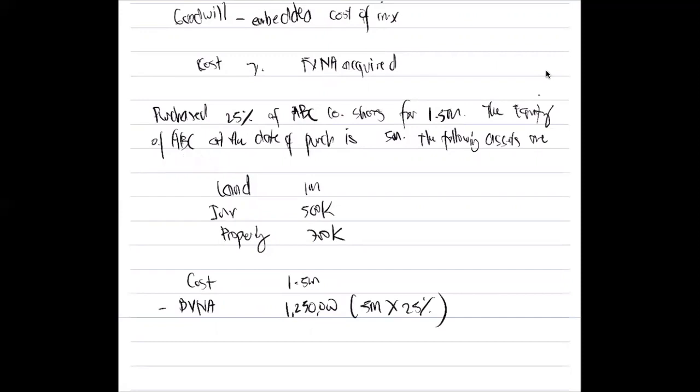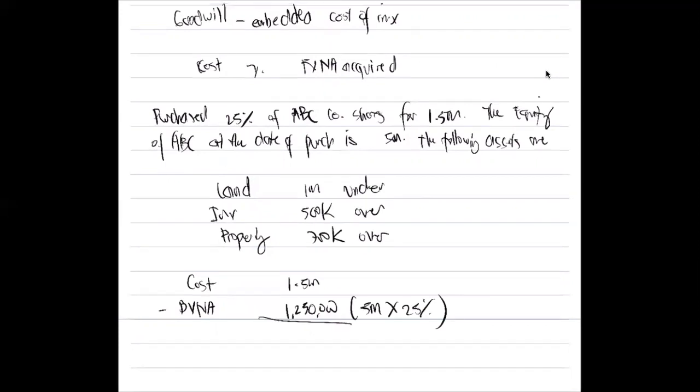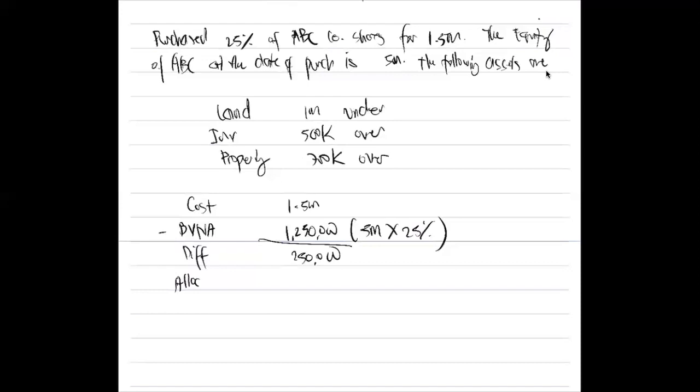Okay, so the following assets are understated: 1 million for land, 500,000 for inventory, and 700,000 for property. And then we have here your difference, 250,000. So we allocate the difference first to land, inventory, and property.